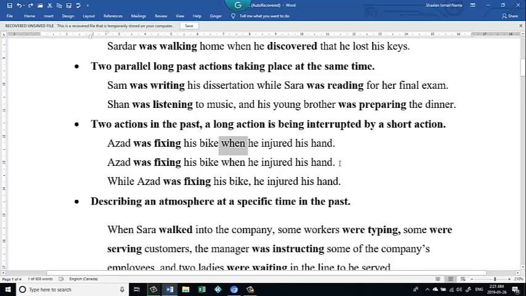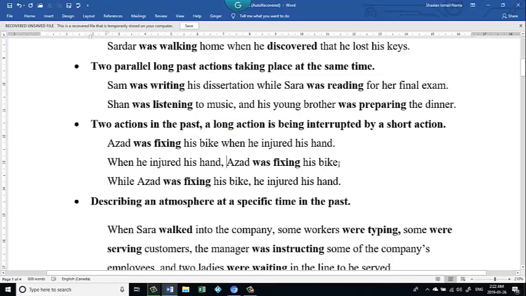If I have the sentence in the opposite order, if I have a sentence that starts like this, when he injured his hand, then I have to put a comma, Azad was fixing his bike. Sometimes you cannot switch sentences vice versa, because this clause is stronger, and then we put it at the front of the sentence.